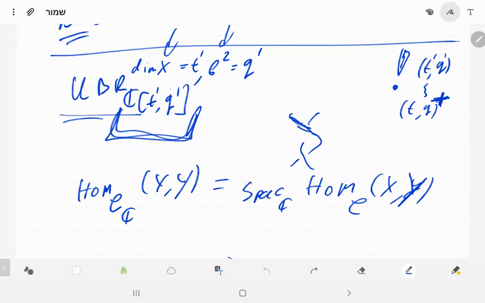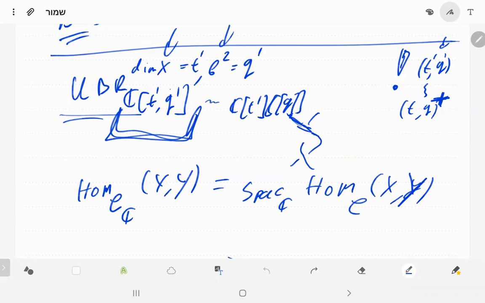In t everything depends polynomially, but in q it's a formal power series. But for this level of discussion, I don't really care, and maybe I'm not 100% sure that they are doing it that way, with those parameters, the dimension and the q.